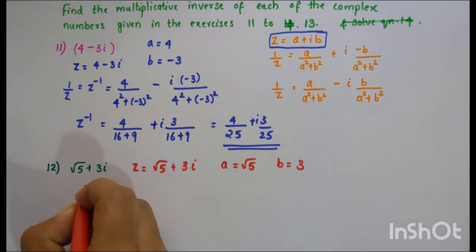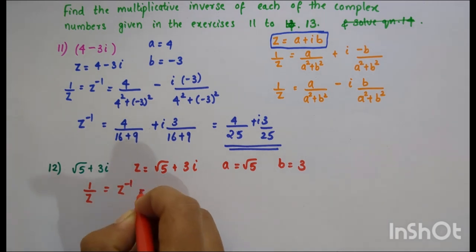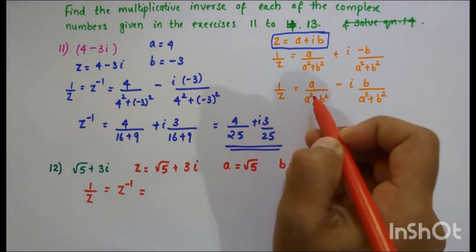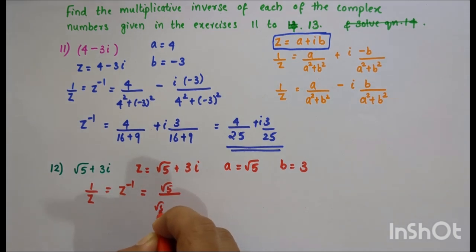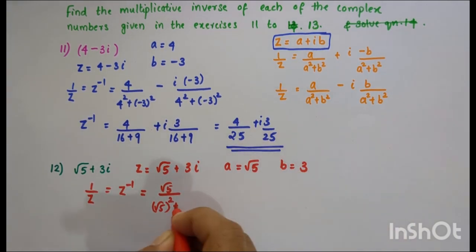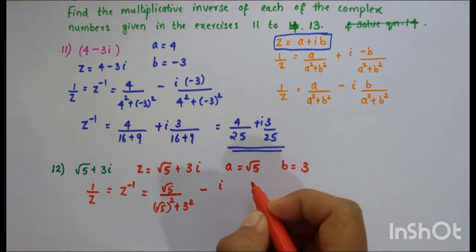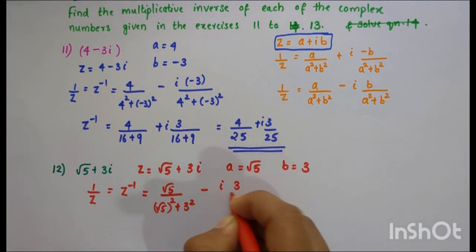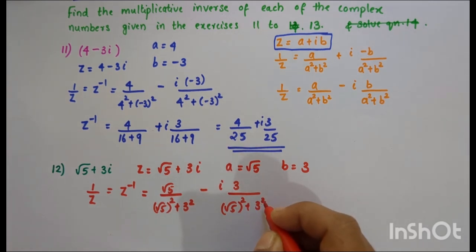Then the multiplicative inverse of z is 1 by z, which can also be written as z inverse, that is equal to a by a square plus b square. So root 5 by root 5 all square plus b square, that is 3 square, minus i into b by a square plus b square. b is 3, so 3 by root 5 all square plus 3 square.